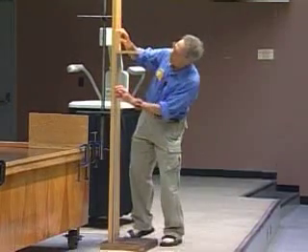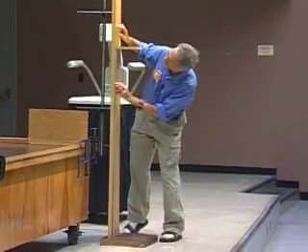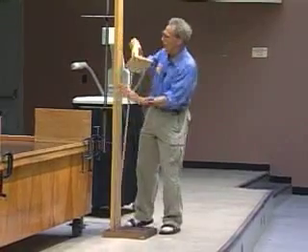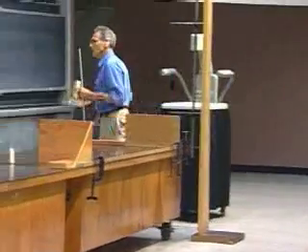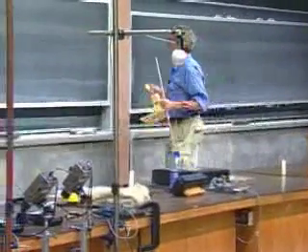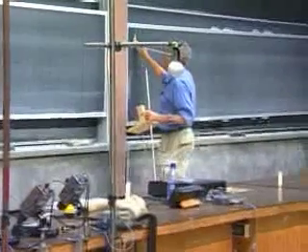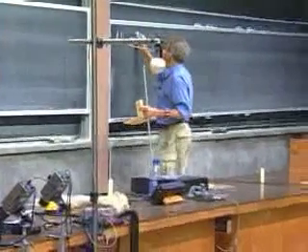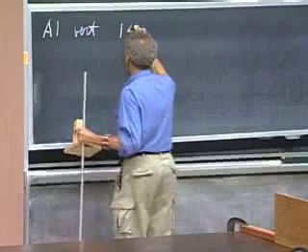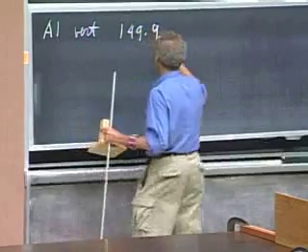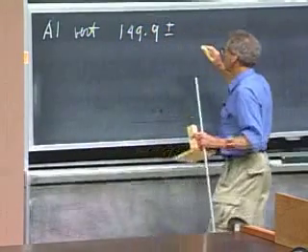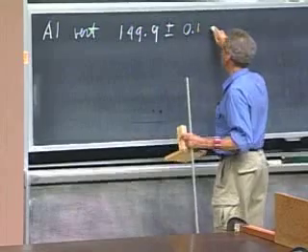So I measure here 149.9 centimeters. This is the aluminum bar, this is in vertical position, 149.9. But I would think that the uncertainty of my measurement is probably 1 millimeter.